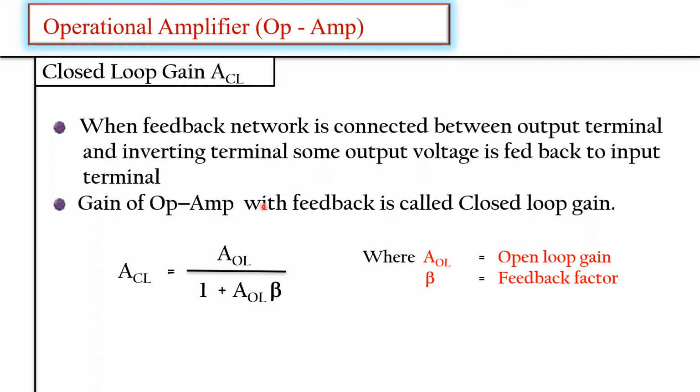So the gain of the op-amp with feedback is called the closed loop gain, and it is given by ACL equals open loop gain upon 1 plus open loop gain into beta, where beta is the feedback factor. This is nothing but closed loop gain.